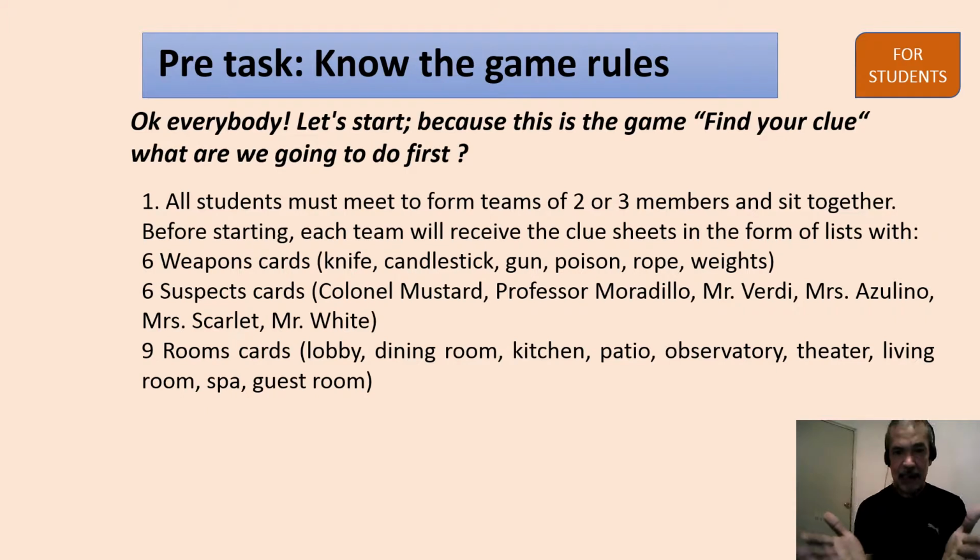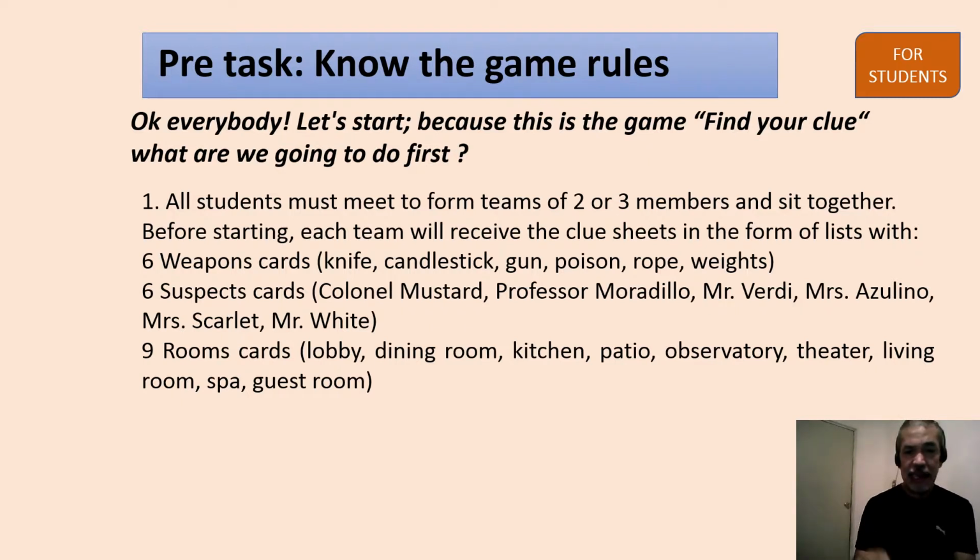Okay everybody, let's start because this is the game Find Your Clue. What we're going to do first. Number 1. All students must meet to form teams of 2 or 3 members and sit together.